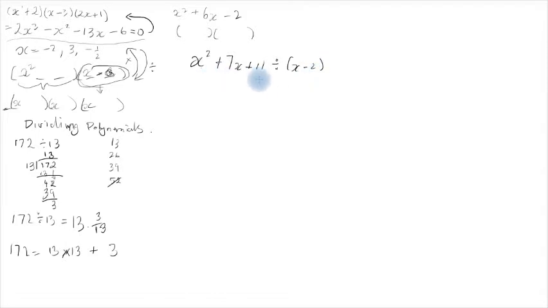Okay, so first thing we need to set it up, and when you do this, do not be afraid to waste lots of paper. x squared plus 7x plus 11, so that goes here where our 172 went before. And dividing by x minus 2.